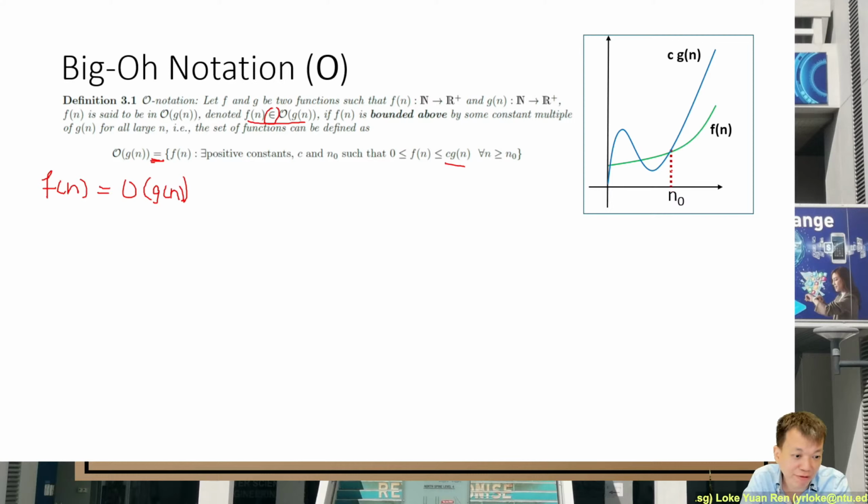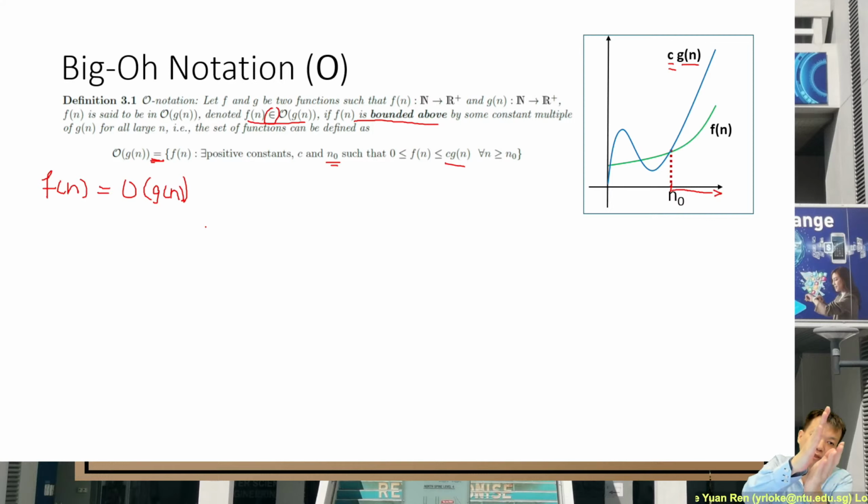It means as long as I can find a number n naught, such that for any problem size bigger than n naught, I can find a constant, any number, times g(n), and this particular c g(n) bounds the f(n) from above, then you can conclude that f(n) is in O(g(n)).